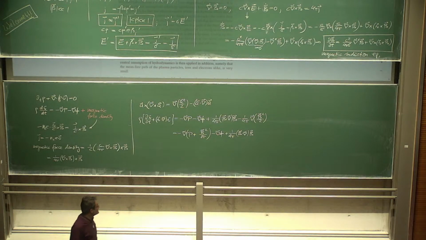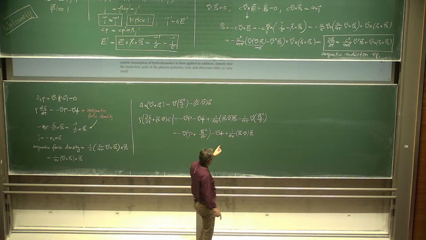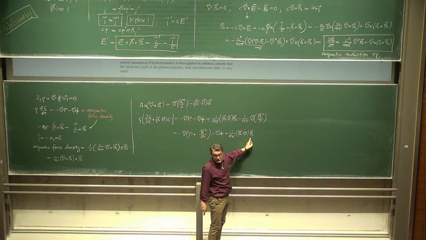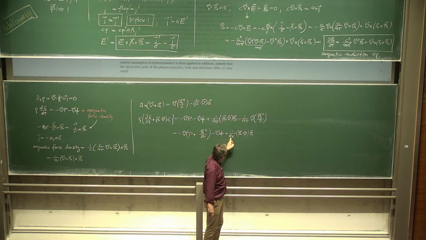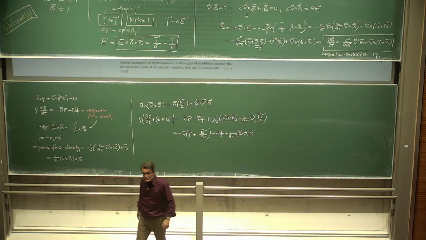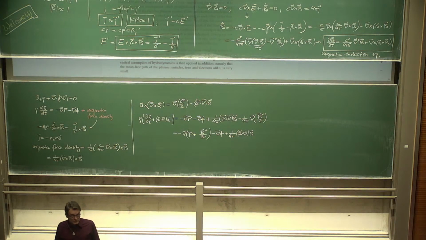In other words, this term tells you how curved the magnetic field lines are. So there's a force that comes from the curvature of the magnetic field. And if you bend magnetic fields strongly, they will try and resist.